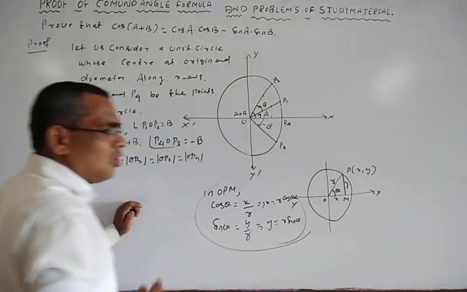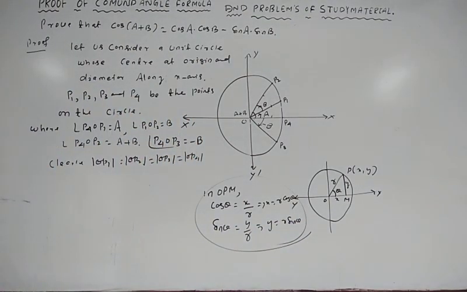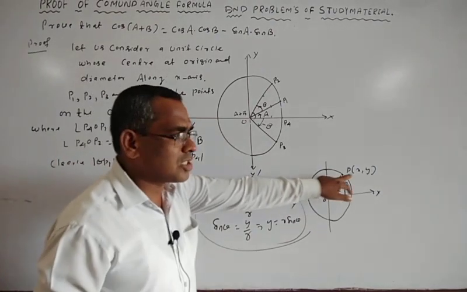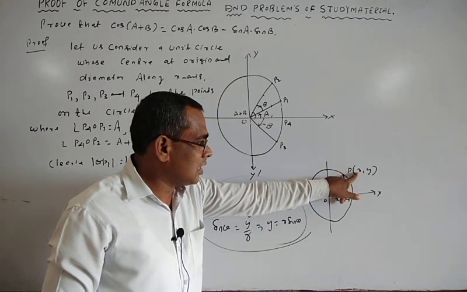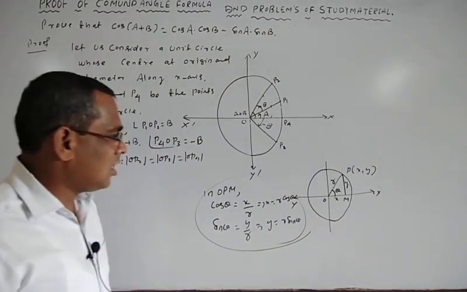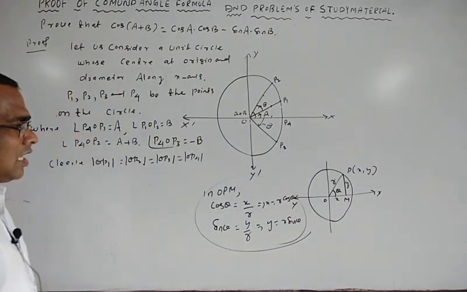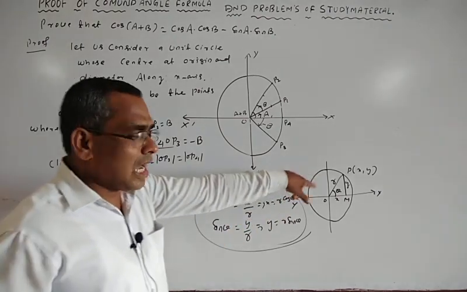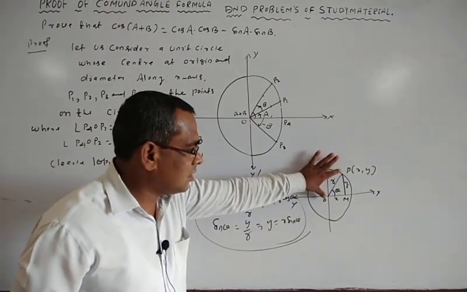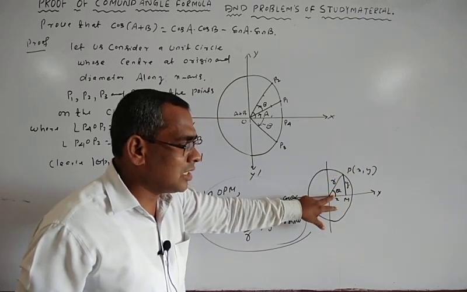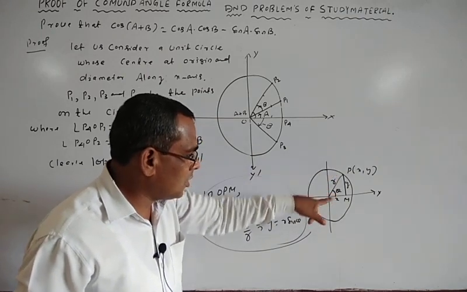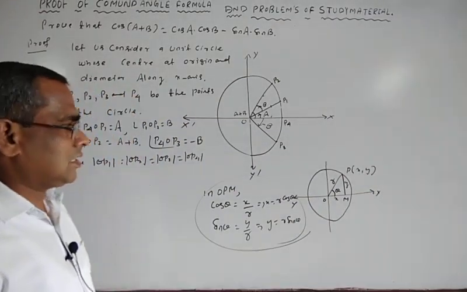Okay. So in that circle, if P is a point (x, y), in its parametric form or polar form, x is equal to r cos theta and y is equal to r sin theta, where r is the length of the line segment OP, and theta is the angle made by OP with the positive direction of the x-axis.